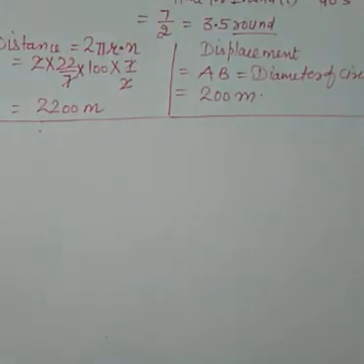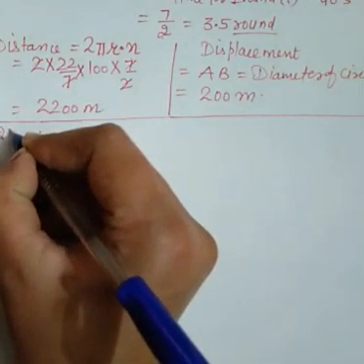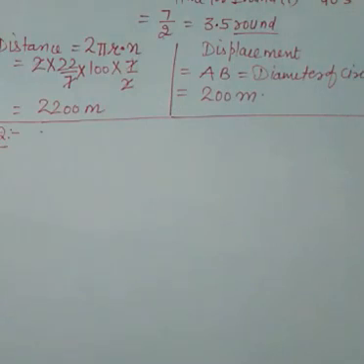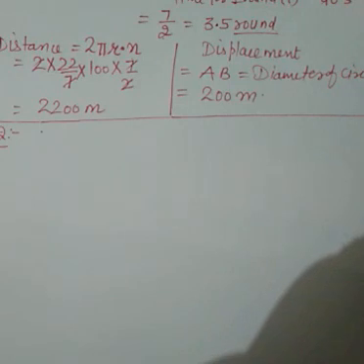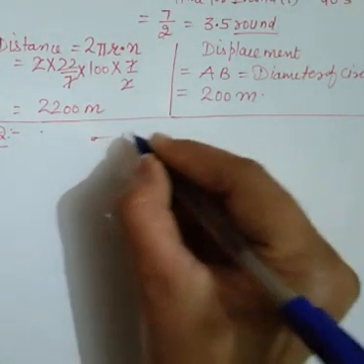Now NCERT exercise question number 2. The statement given to us: Joseph jogs from one end A to the other end B of a straight road 300 meter long in 2 minutes 30 seconds. It means we are provided with a straight road.